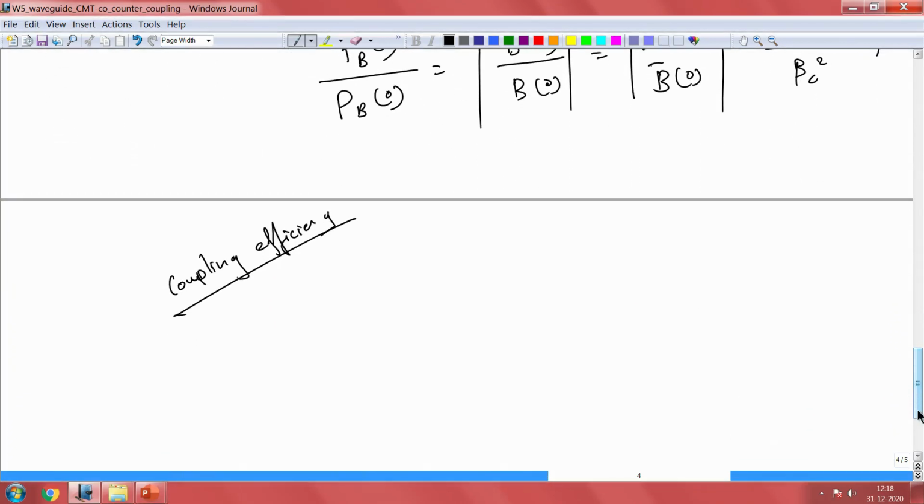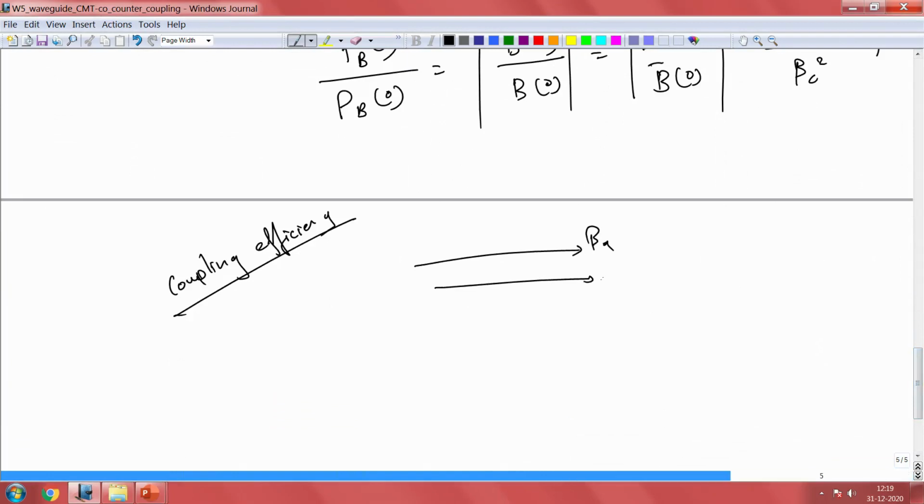So, for a given length, they are interacting with each other, right. So, beta A, beta B, they are interacting with each other and they are coupled with the AB coupling constant. So, this is only one way, let us say this way, right. So, we are looking at how much we can couple from A to B.